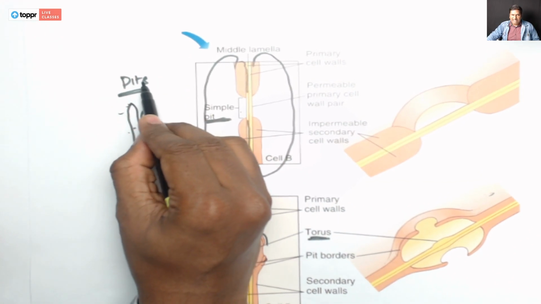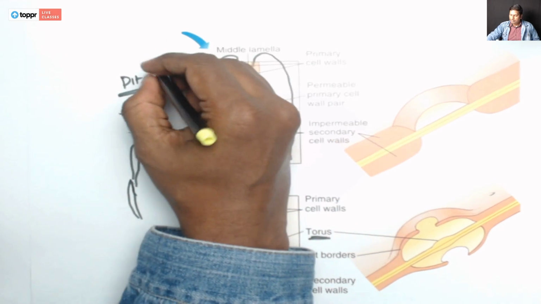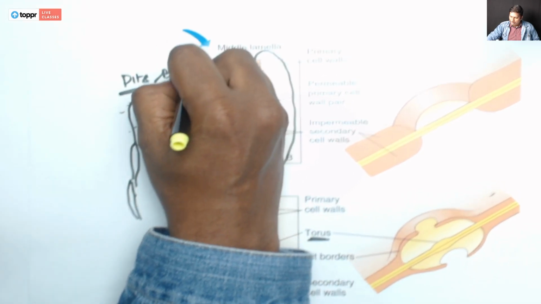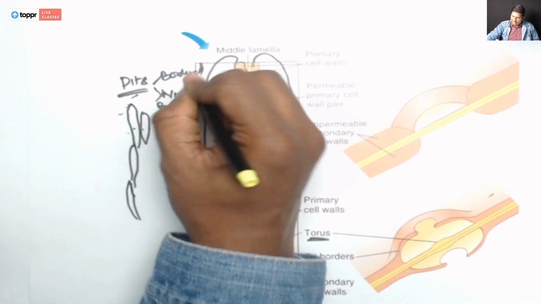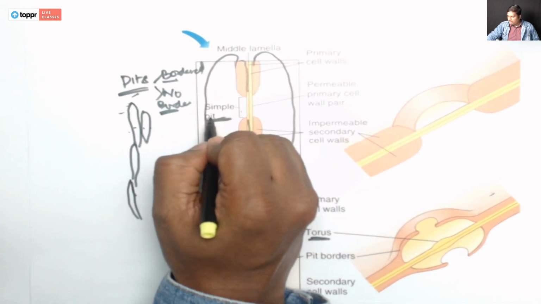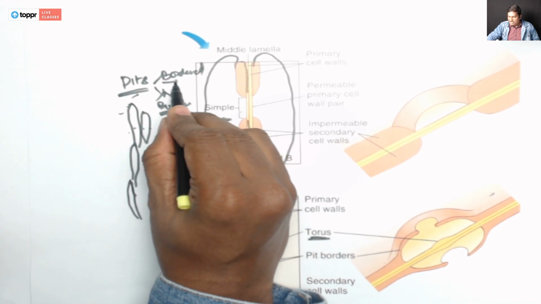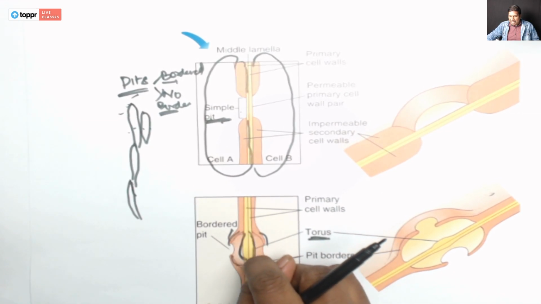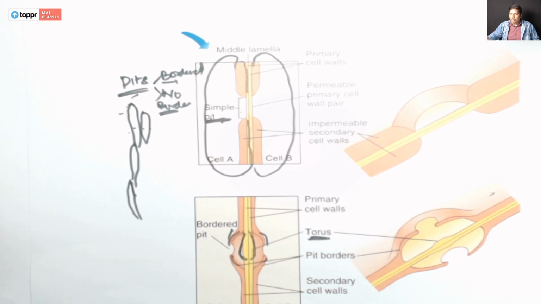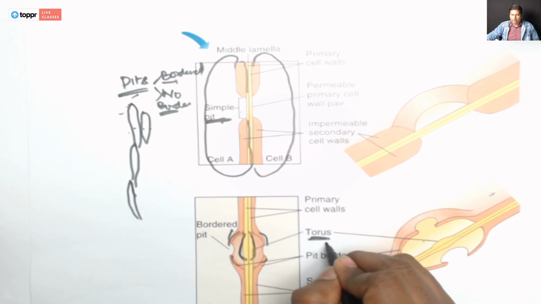Now these pits can be bordered, or they can be without any border. If there is no border, then it is called a simple pit. If it is bordered, along with the border you will see a central enlarged, thick portion, and that thick portion is called the torus.